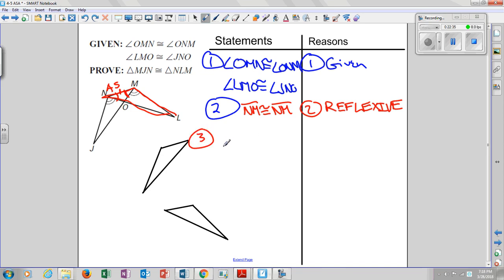Step 3 is that we can say LMO plus, so let me draw it out, this angle LMO plus OMN is congruent to angle LMN, which is this whole angle.